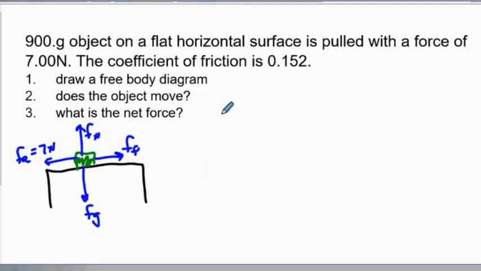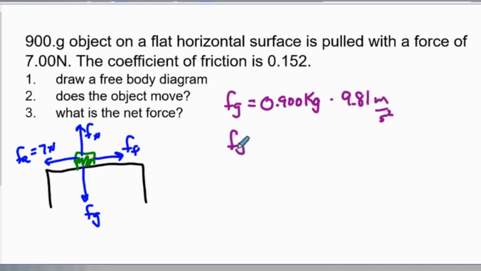So next up, let's find the forces. I'm always going to start with force of gravity. So I'm going to take my object, which is 0.9 kilograms, multiply that by the acceleration due to gravity, 9.81 meters per second squared.